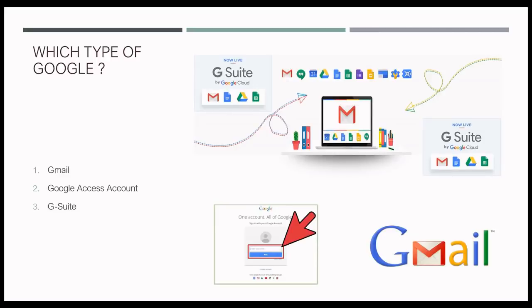Like if I want to access YouTube, you can access with that one account. Third, which is our focus, is G Suite. With G Suite we get all the features available in a normal Gmail account and One Account. With that we also get different types of tools which can be used for enhancing our needs.